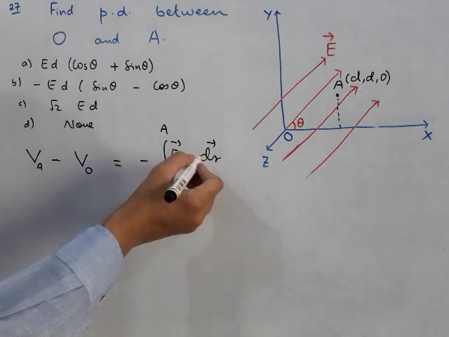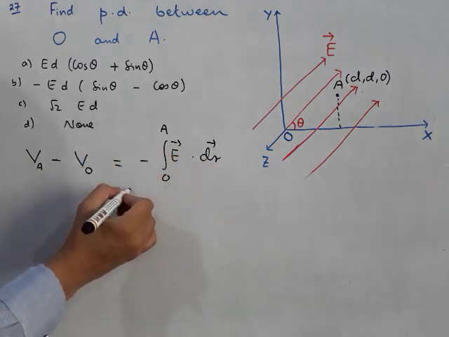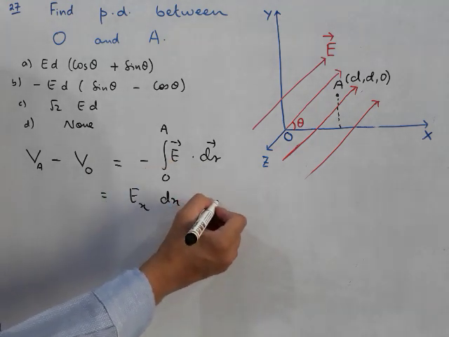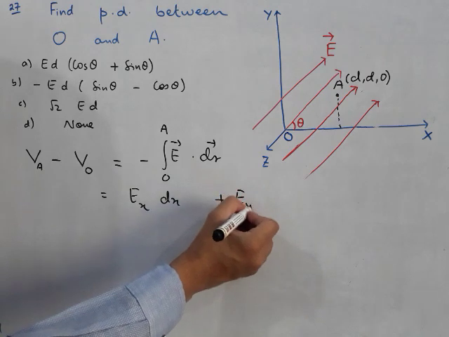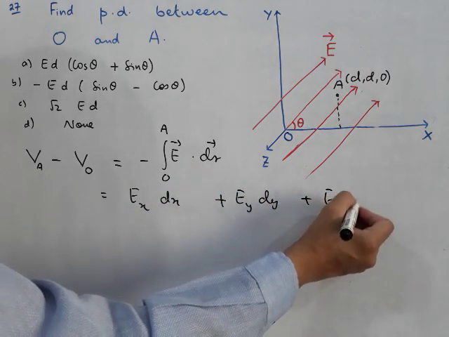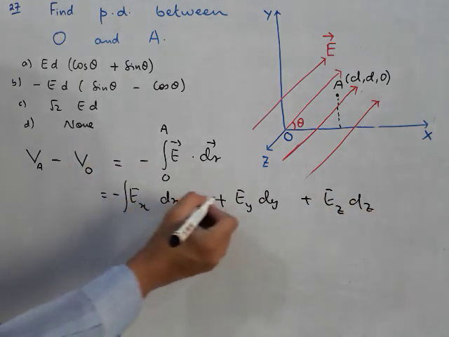Now E dot dr vector I have explained in the last class. In terms of components, we can write it like this: Ex into dx plus Ey into dy plus Ez into dz. And we have the integral with a negative sign.